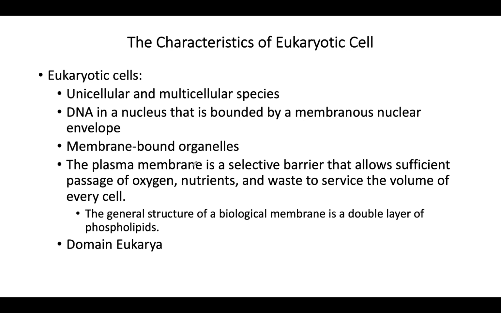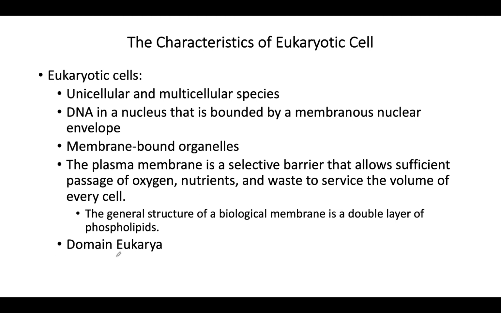The plasma membrane is a selective barrier that allows sufficient passage of oxygen, nutrients, and waste to service the volume of every cell. The general structure of a biological membrane is a double layer of phospholipid. We call that the phospholipid bilayer.